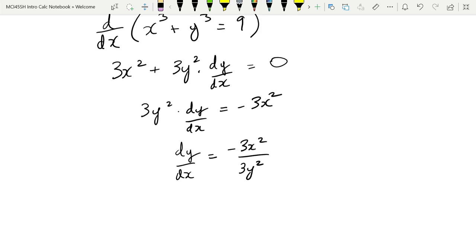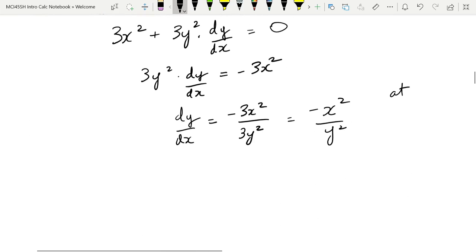I'll divide the 3's with each other, cancel those, and there's my equation. And I want to know how much that slope is at the point, I've already forgotten the point, 2, 1. There we go, at 2, 1. So I can plug in 2, 1.